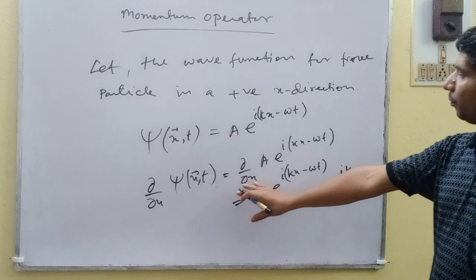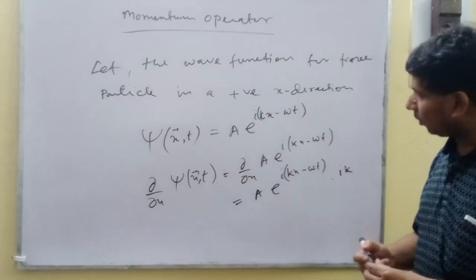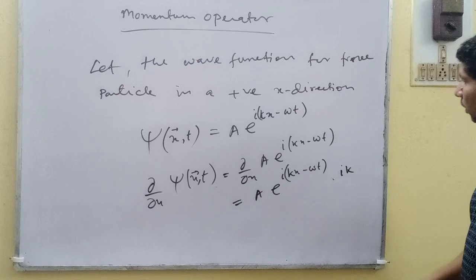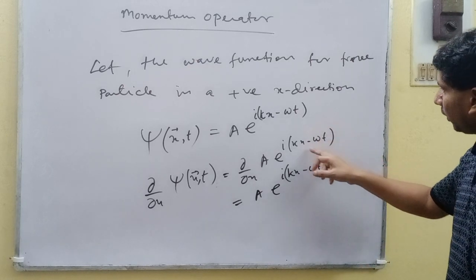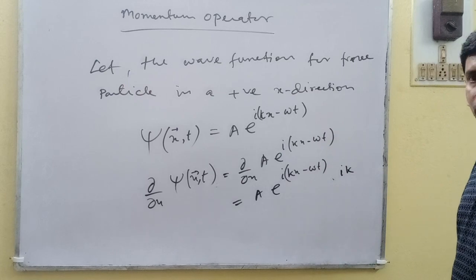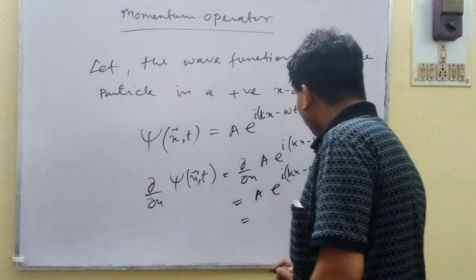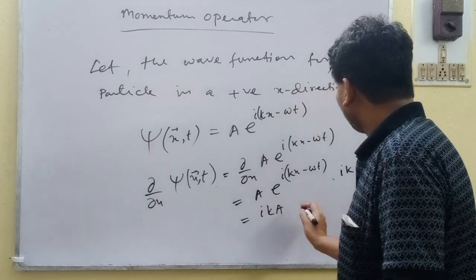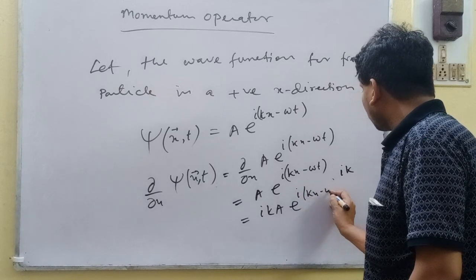Since it is actually a derivative with respect to position, the derivative of omega t must be 0. Hence i k A e to the power i (k x minus omega t).